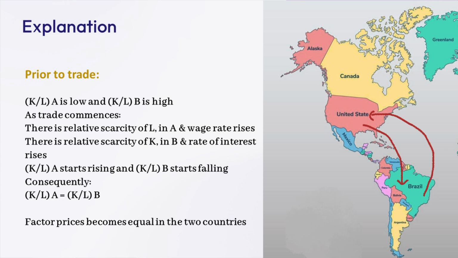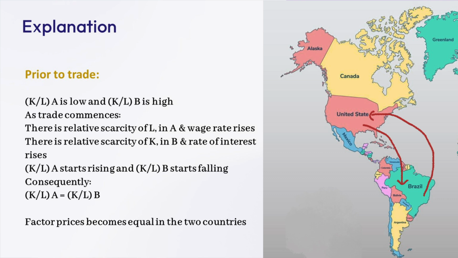Because labor will be more in demand. The abundant factor will be more in demand, because our country will specialize in the labor intensive line of production. It will produce and export that commodity which is using the labor more intensively. So there is relative scarcity of labor in A, and the wage rate rises.